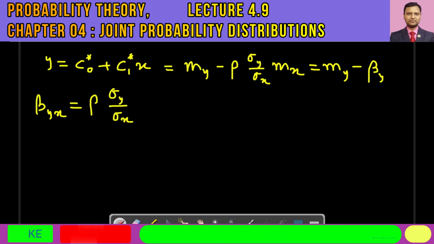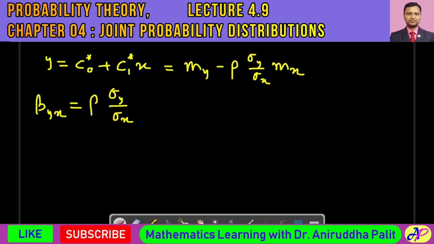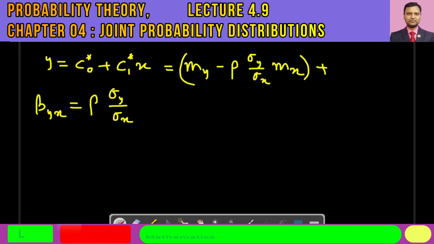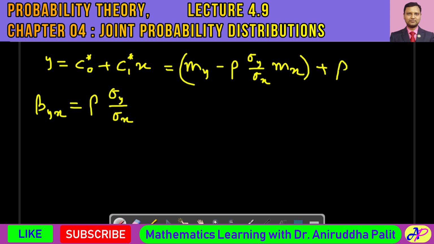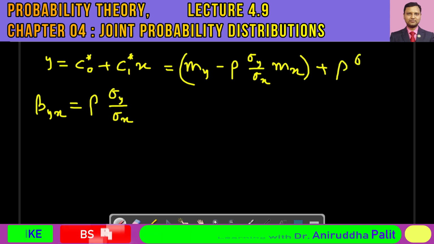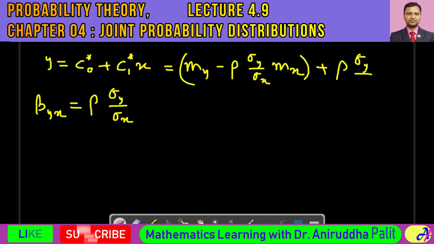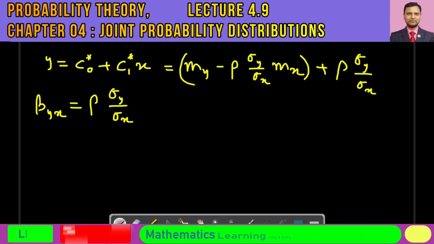Sorry, I could not complete the expression. This is the expression of C0 star, plus what was C1 star? C1 star is equal to rho into sigma y by sigma x multiplied by this x.